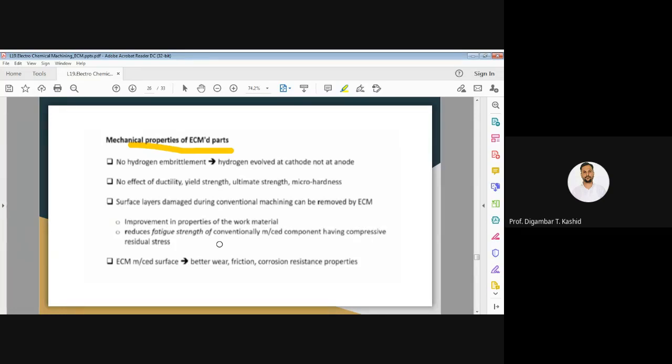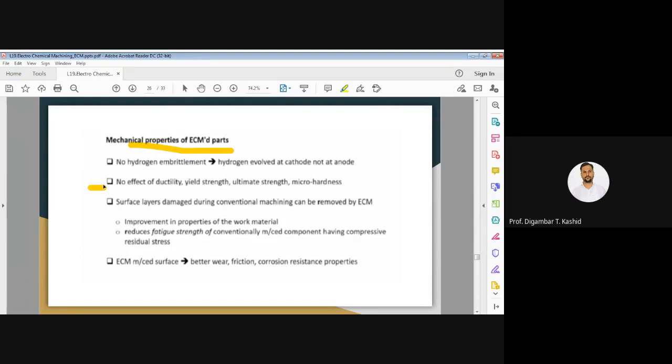Again, the mechanical properties I have mentioned, like ductility, yield strength, ultimate tensile strength, microstructure, these things do not change in your workpiece surface. Surface layer damage during the conventional machining process can be removed. I told you that compressive residual stresses are generated in conventional machining.